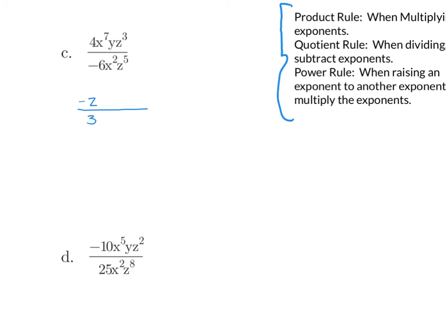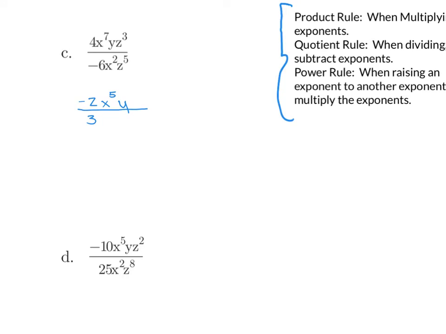For my x's, if I have 7 on top and 2 on bottom, I can cancel 2, and we are left with x to the 5th on top, or 7 minus 2. Y has nothing to cancel with, so we're going to just leave it on top.